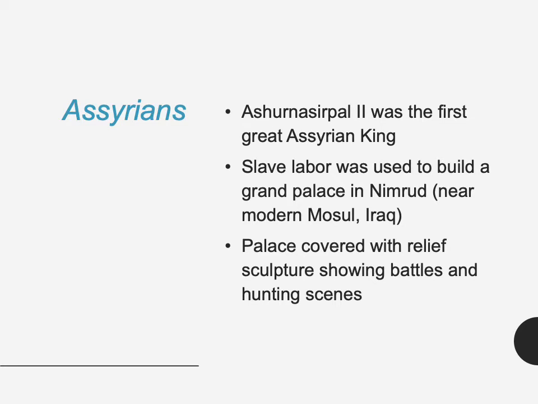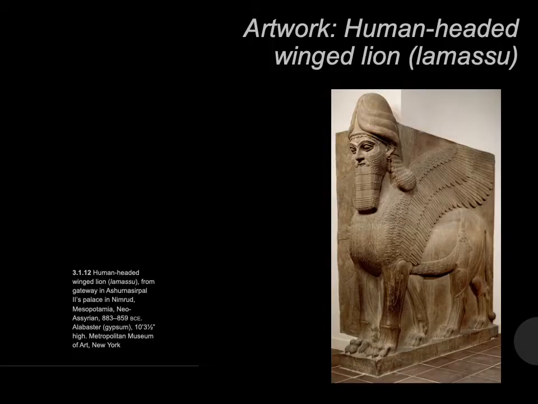There are a lot of stories that he was fighting by himself, just himself, with lions. And looking at one of the symbols that we see here, again you see how they use art to show their power. They believed that the head of this Lamassu, that is the name of this creature, is a king's head.